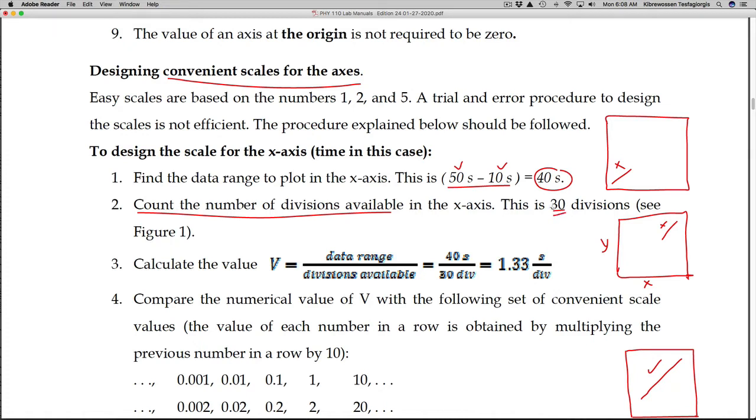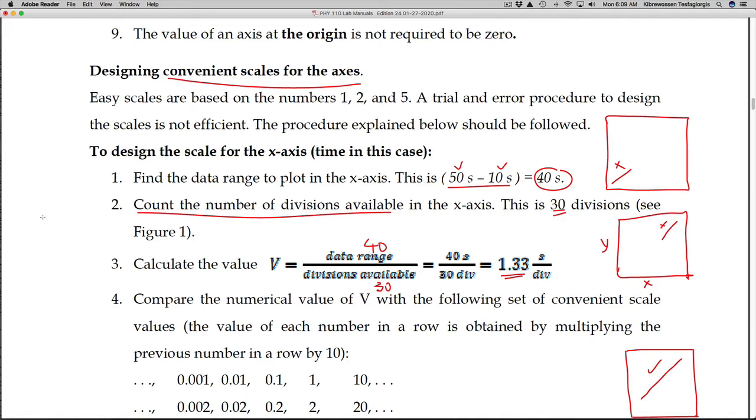The next step is to take whatever you found in the first step, which in this case is 40, your data range, and divide that by the number of divisions or little squares that you have on the graph paper along the x-axis. In this particular case, it's going to be 30. So you divide 40 by 30, and what you get is 1.33 per division.